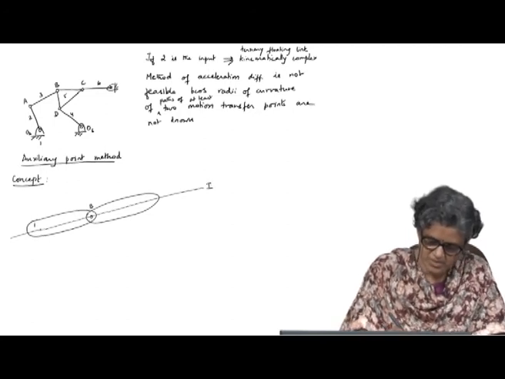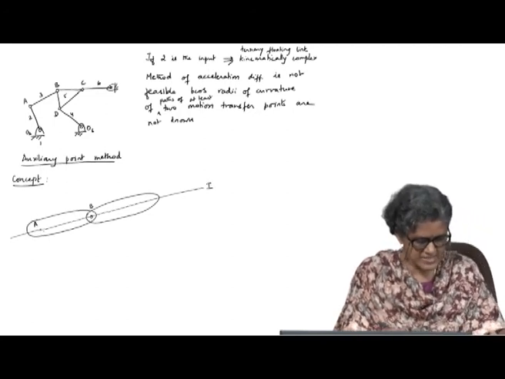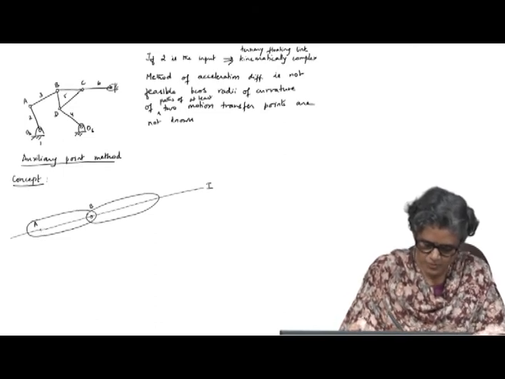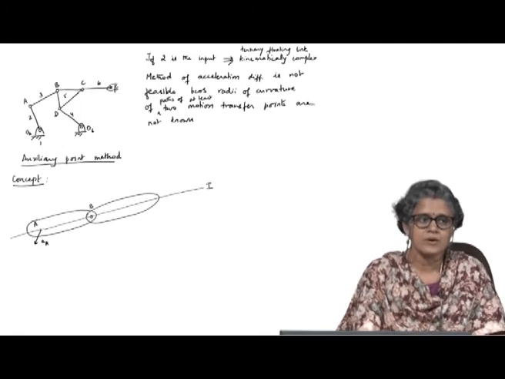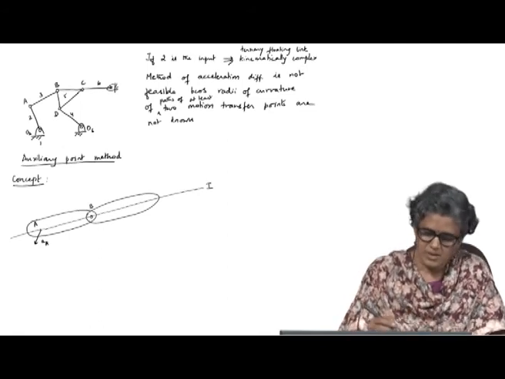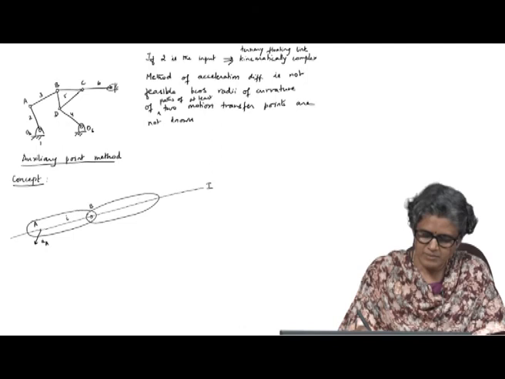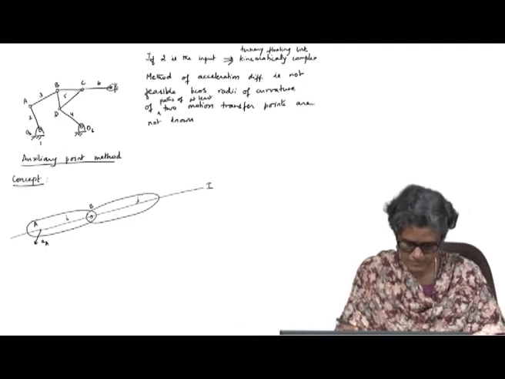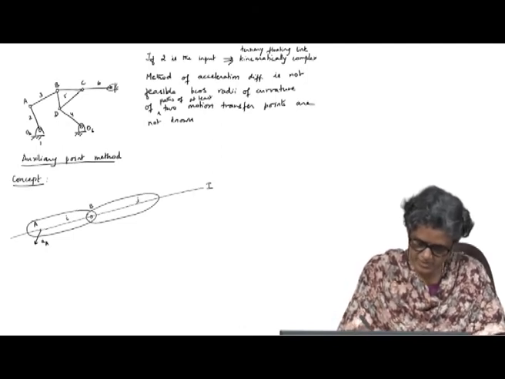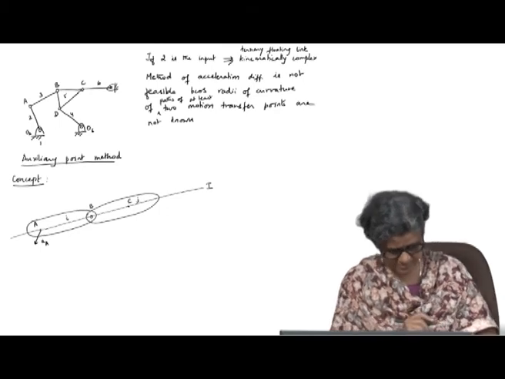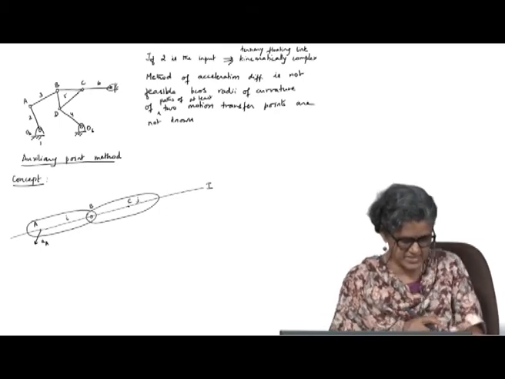Say this is a point whose acceleration you know. You have body i and body j. You have some point C on body j which you are interested in.